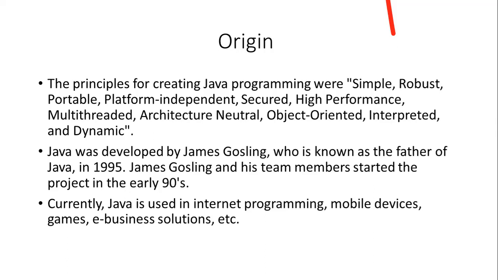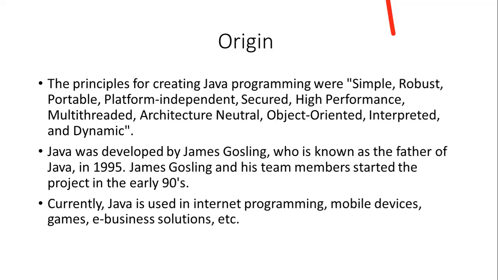Java was developed by James Gosling, who is known as the father of Java, in 1995. James Gosling and his team members started the project in the early 90s.